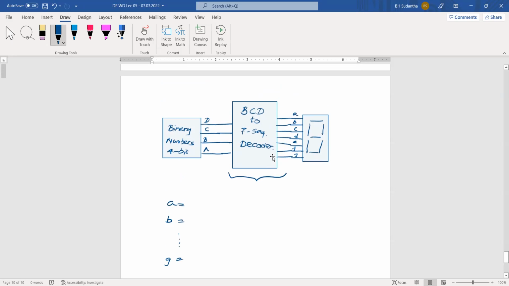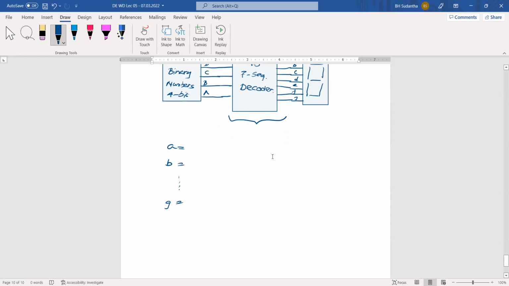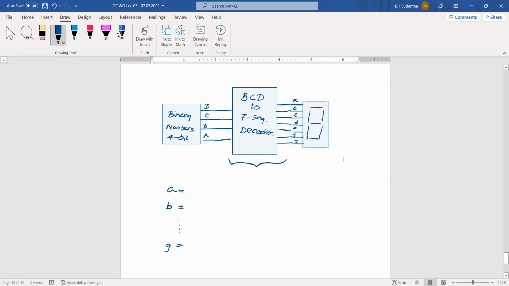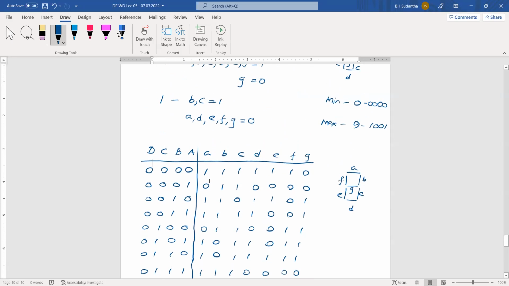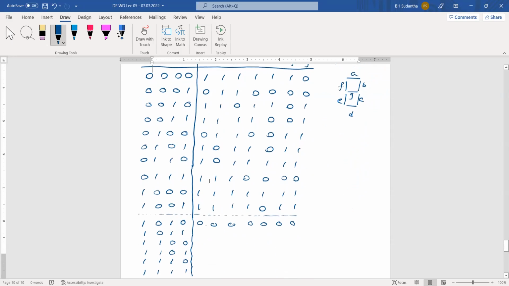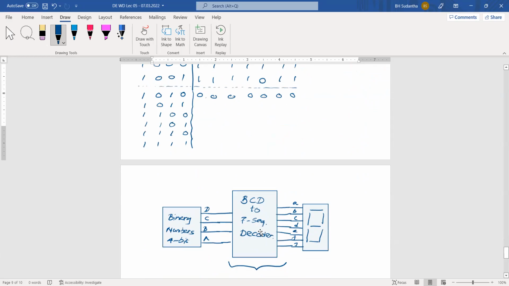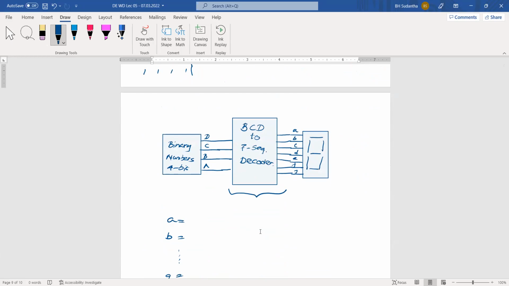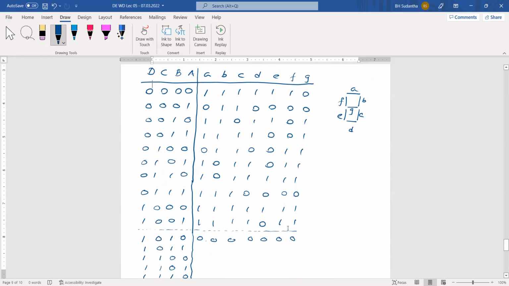Now, is it okay? Do you have any idea about the design steps? They are very simple. If you want, I can write equations for this here also. This is A bar, B bar, C bar, D bar we have. And what is next?